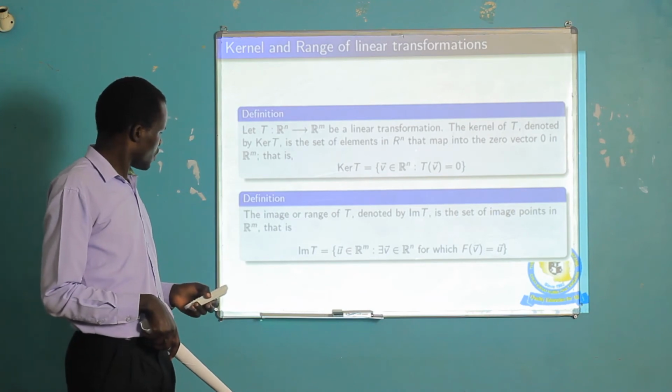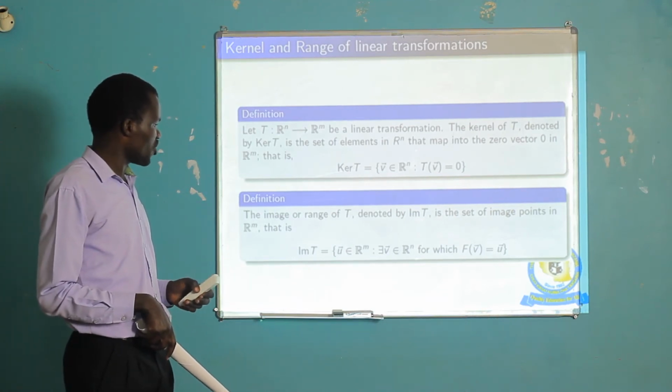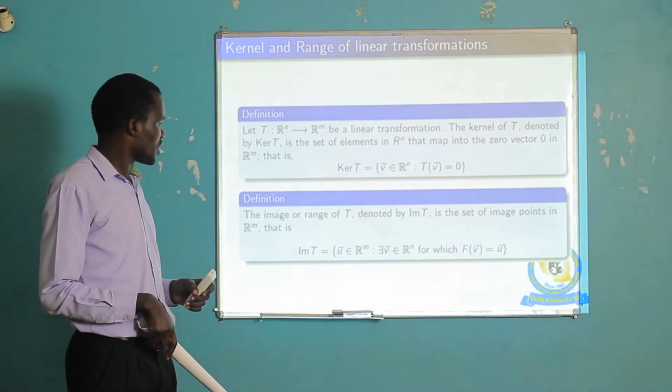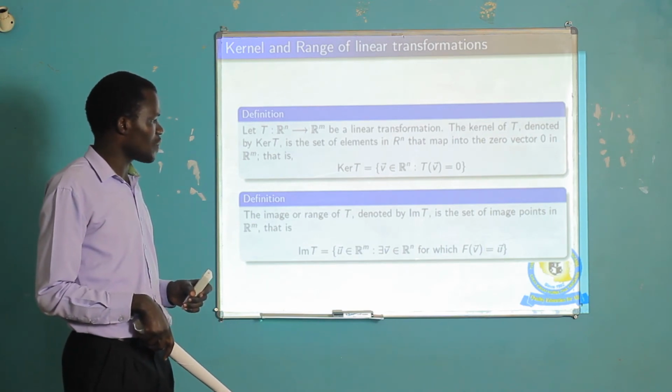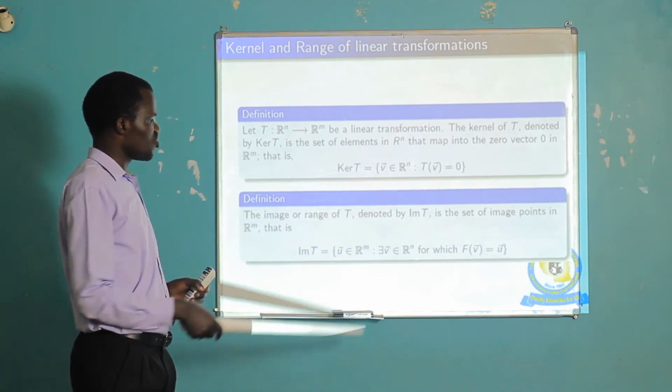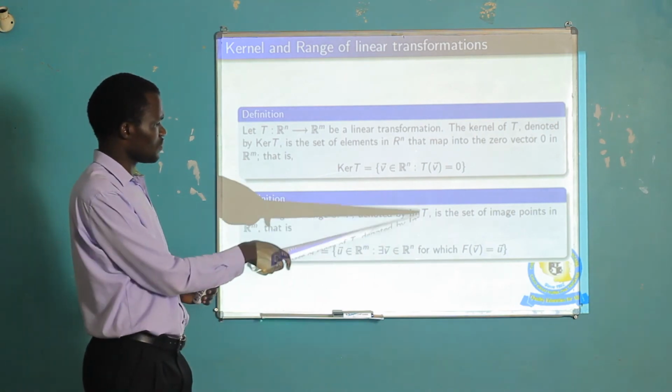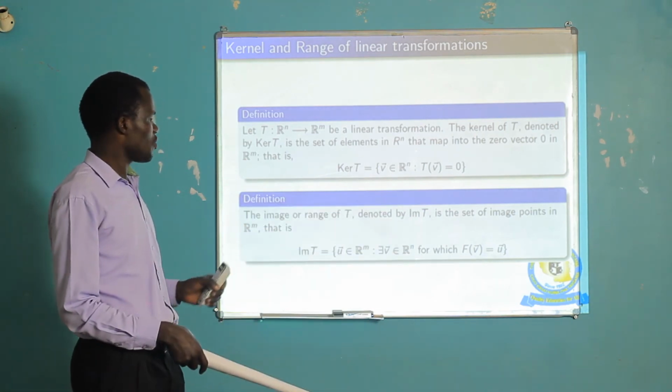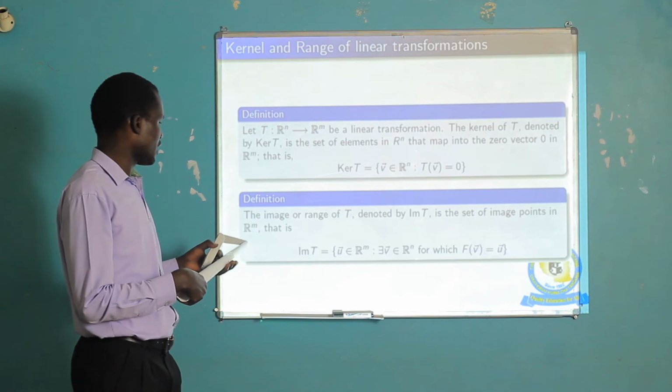As well as the image or range of the linear transformation, denoted by Im T. Im of T is the set of image points in Rm.